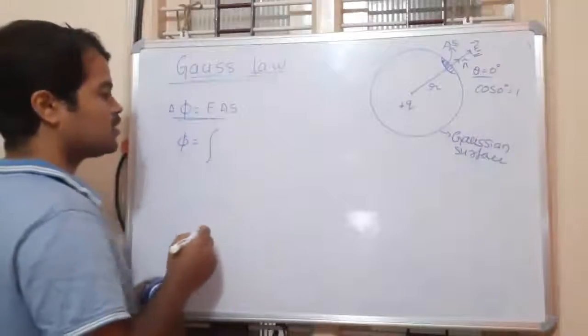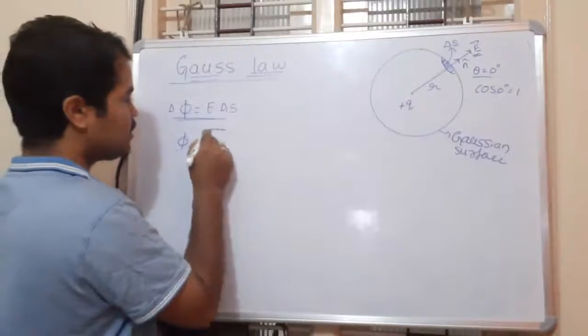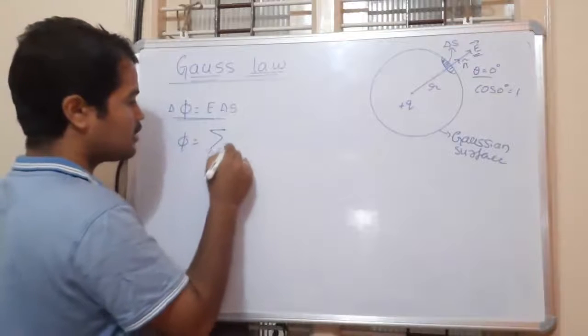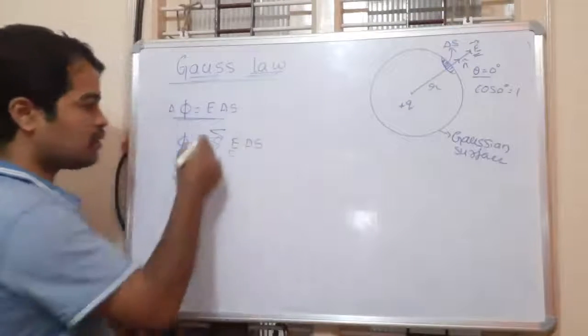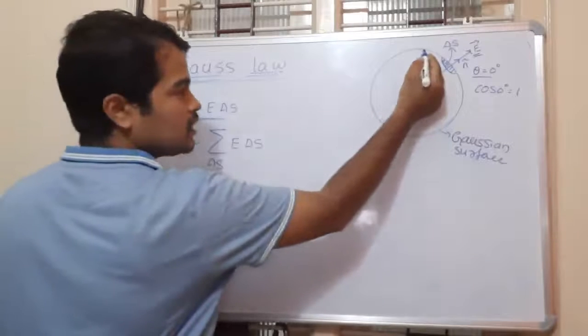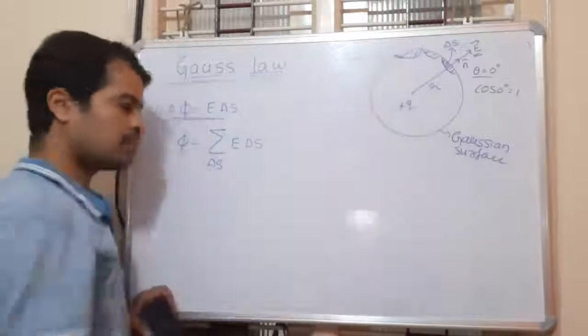You can use either integration or summation, as is convenient: the summation over all delta S of E delta S. Like this, there is one more region here, and one more region here, all of which we consider.